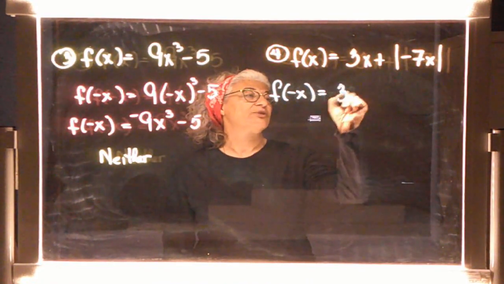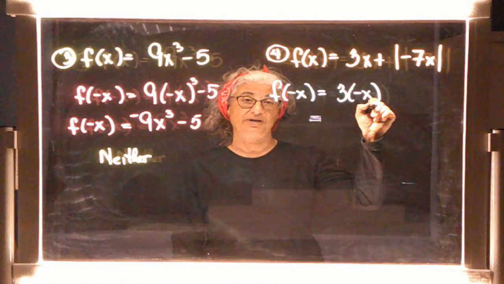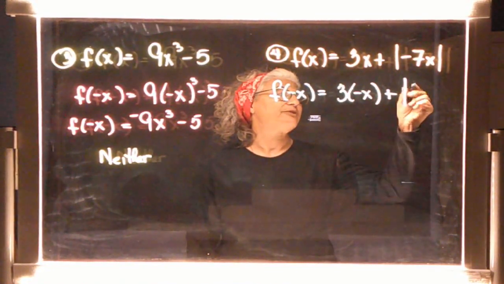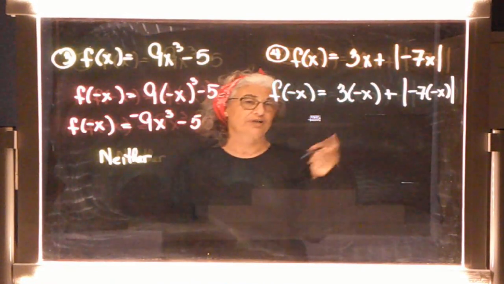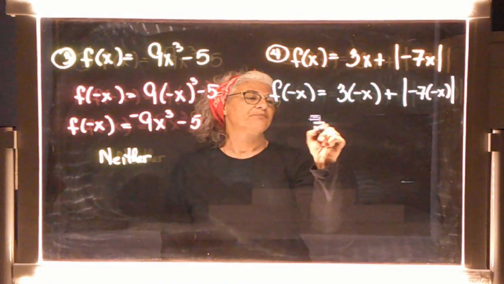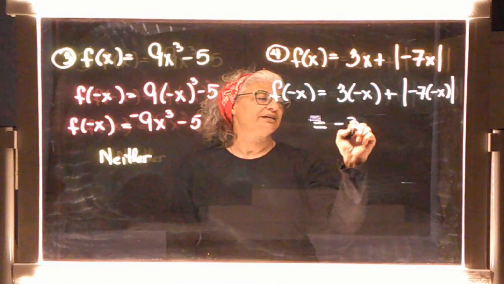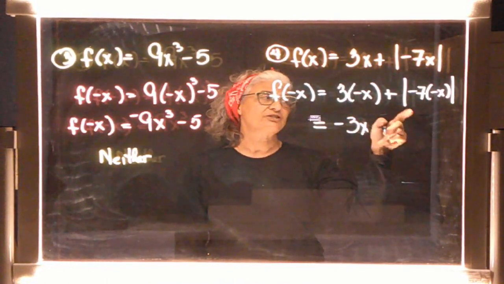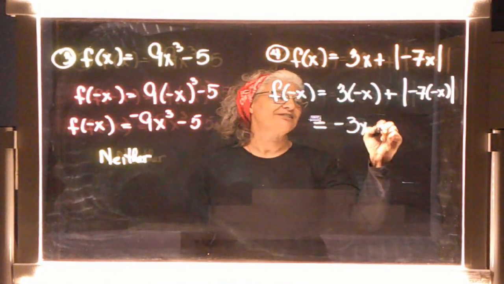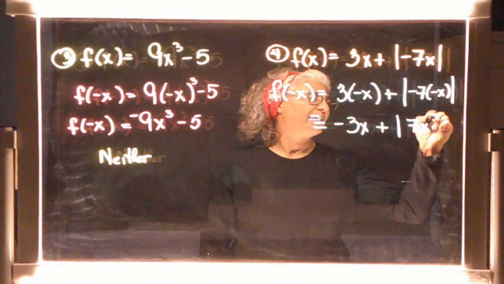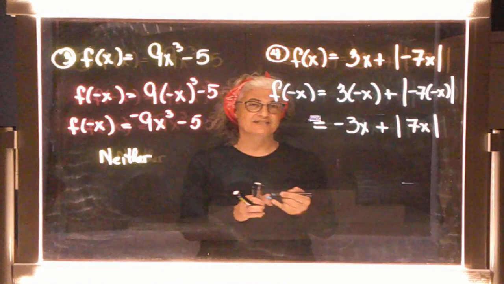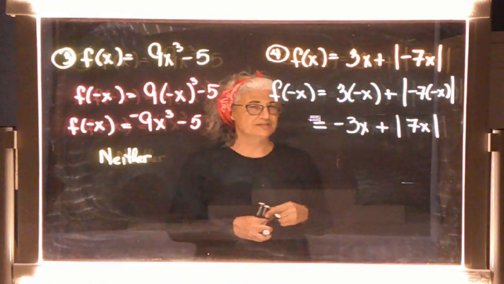We're going to take 3 times the -x, correct, plus absolute value of -7 times -x, right? Okay. Yeah, the first term will be a -3x. The second term, yeah, it's still going to be positive, isn't it? Because this is in absolute values, and this will be a positive 7x inside absolute values, right?